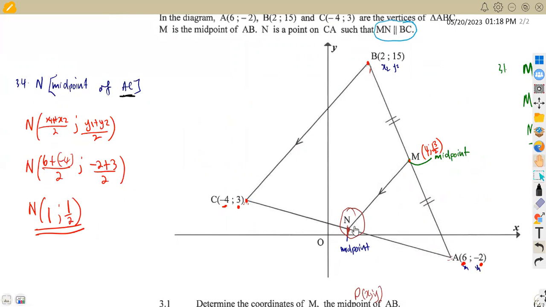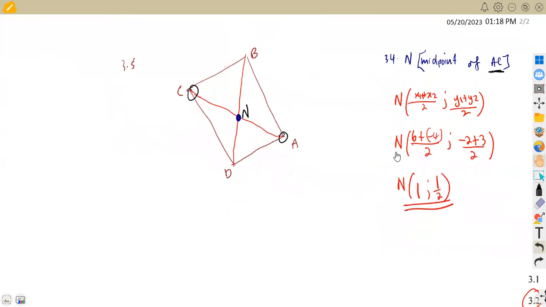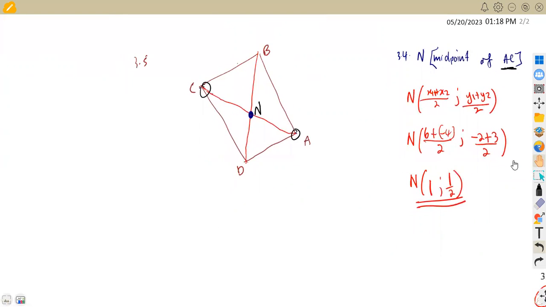So it means it is the common midpoint from B to D on the diagonal, because diagonals of a parallelogram bisect each other. So that's an advantage. We can calculate the point D because we are given the point N being the midpoint. So it's actually the common midpoint in this case.